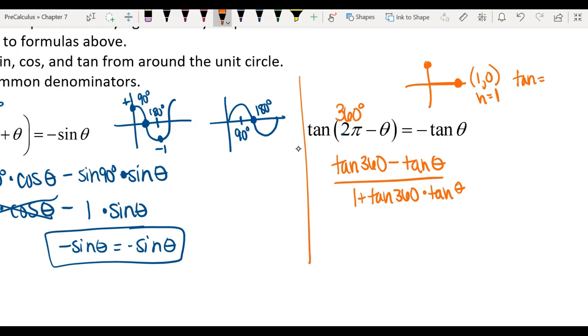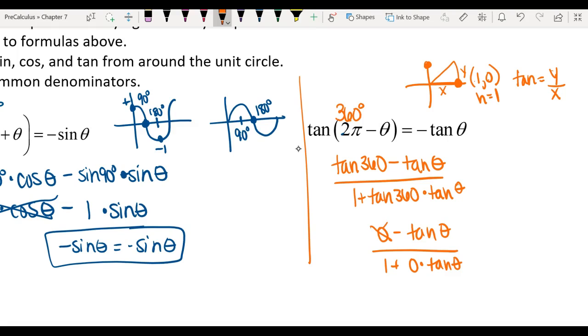So this is what you have. Tan is opposite over adjacent. And remember, it's going to be y over x. Because if you draw a triangle, y is always opposite, x is always adjacent. Okay, so tan is y over x. Y over x is 0. So tan of 360 is 0. So you have 0 minus tan of theta over 1 plus 0 times tan of theta.